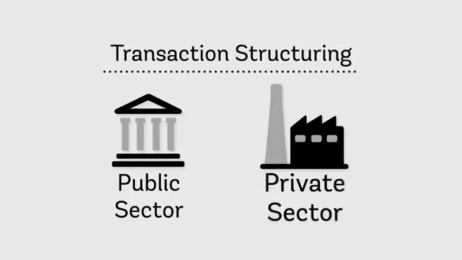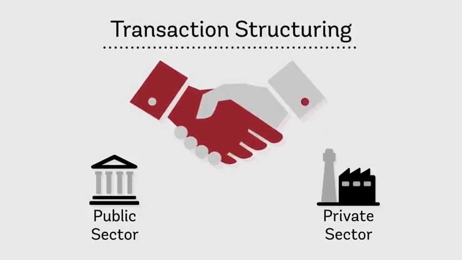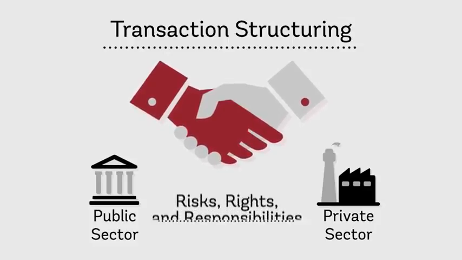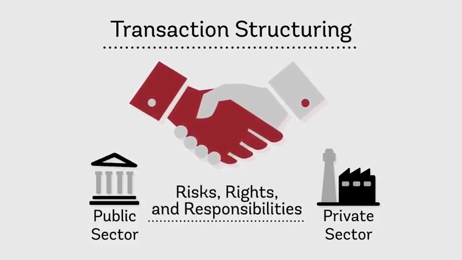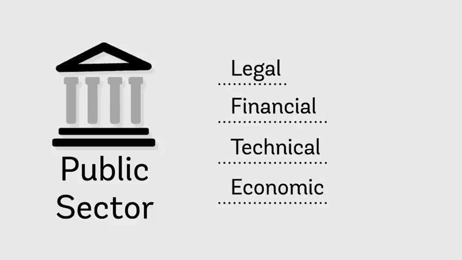Thank you, Jane. I would say that transaction structuring is a process whereby both parties in a public-private partnership, which is the public party and the private party, are engaged in a process of defining the risks, the rights, and the responsibilities that come with each party. This is done through a process that is first led by the public side, where they go through a process of a legal, a financial, a technical, and an economic due diligence.